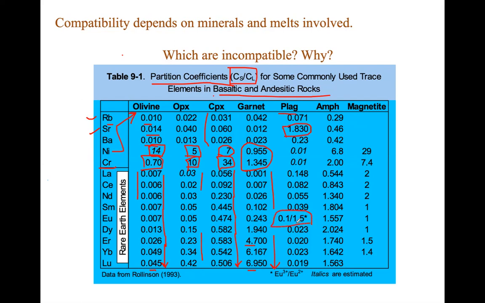It depends on the different valencies, 2 plus and 3 plus. 3 plus has this 1.5, and you can see the different ratios. And the heavy rare earth elements do not go much into the plagioclase structure anyway.